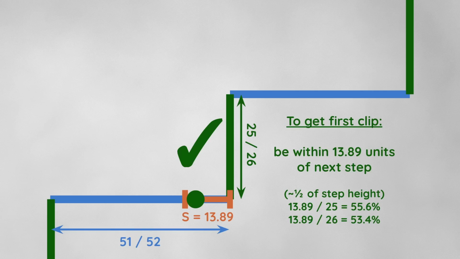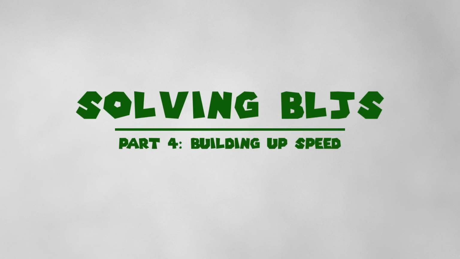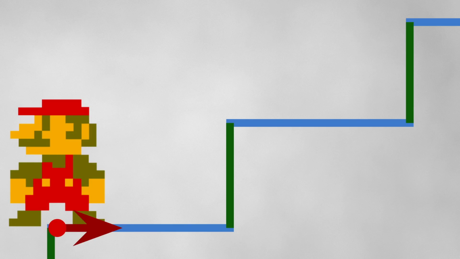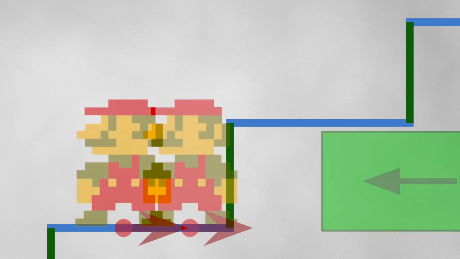After we successfully catch onto the stairs with our first jump, how do we ensure that our further jumps will also be able to clip into the wall so we can gain speed? Let's see what a successful set of BLJs looks like. After the first successful clip, we landed at the edge of the step. Now we begin sliding backwards.